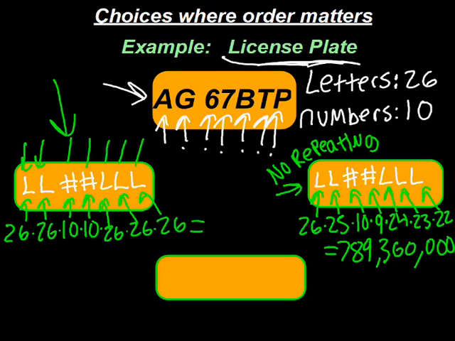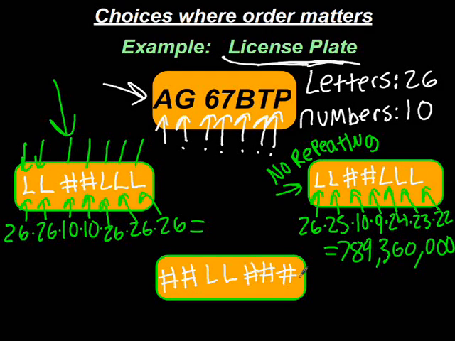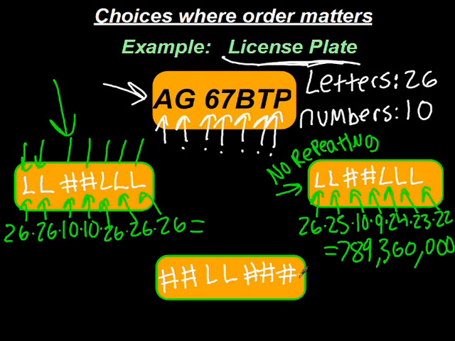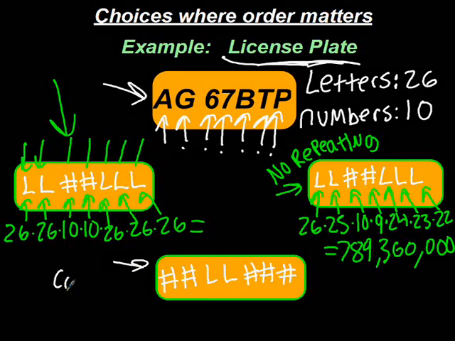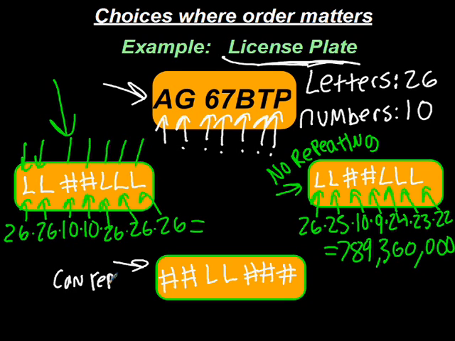All right, let's see if you can figure out one. Let's say that we had one that was a number, and then the license plate had 2 letters, and there was a number, and then another number, and a number at the end. How many different combinations could we have of this one? Okay, we'll say that we can repeat, just to help people out.